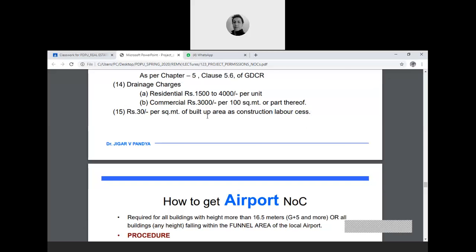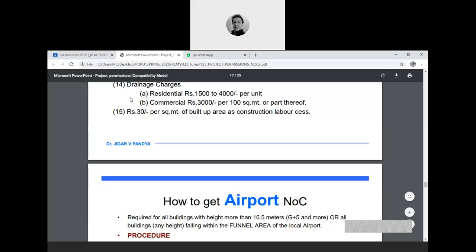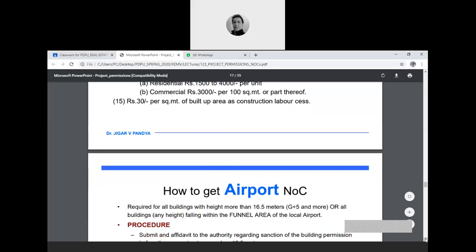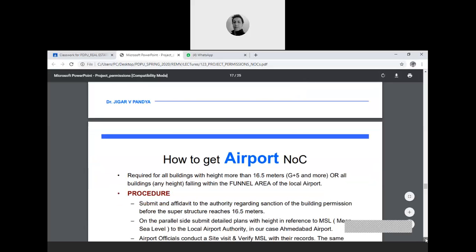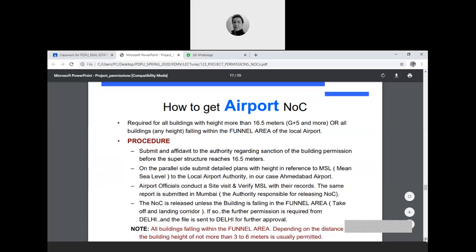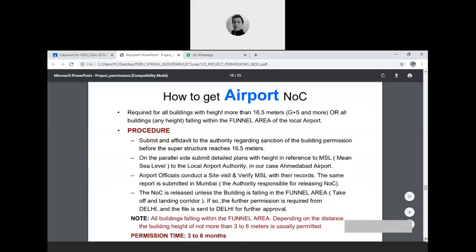So these are the basic 15 things you need to look into when you're getting your plans approved locally. So I want to quickly talk about the different NOCs that are required, and let's begin with the airport NOC. It is required for all buildings with height more than 16.5 meters, or all buildings falling within the funnel area of the local airport.